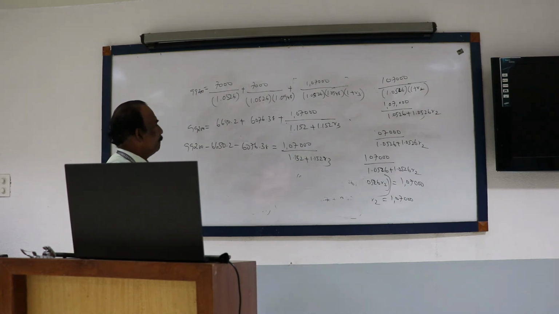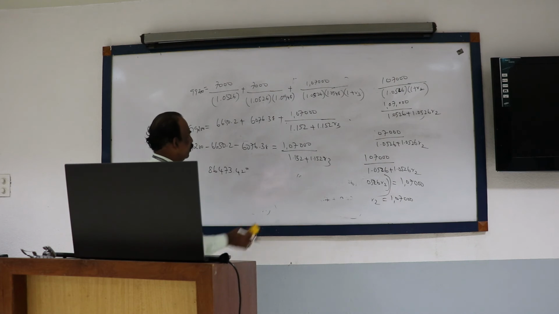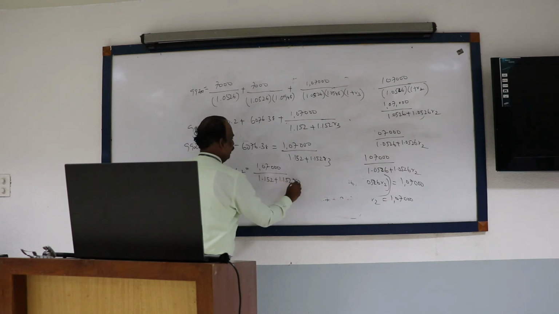Which comes to 86,473.42 is equal to 1,07,000 divided by 1.152 plus 1.152 R3.